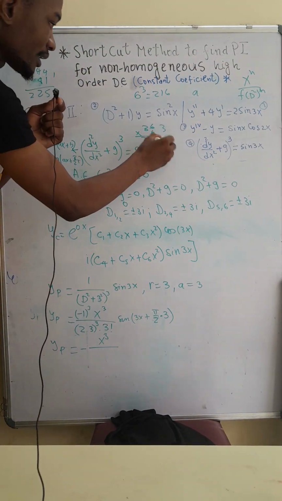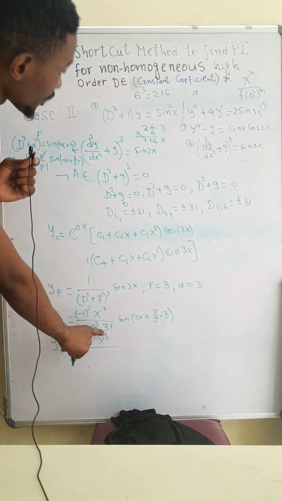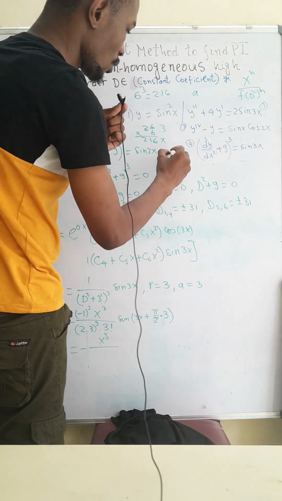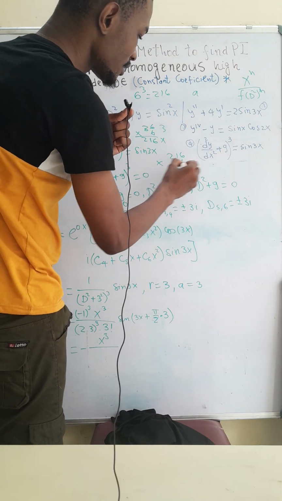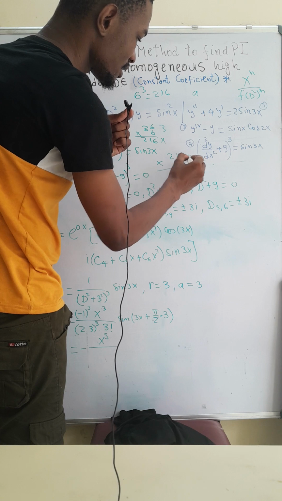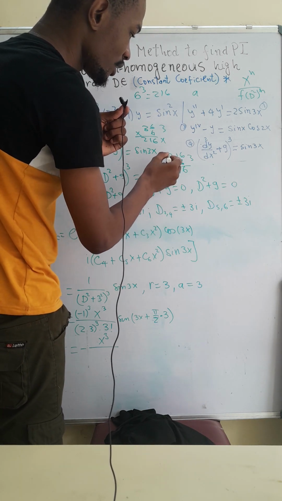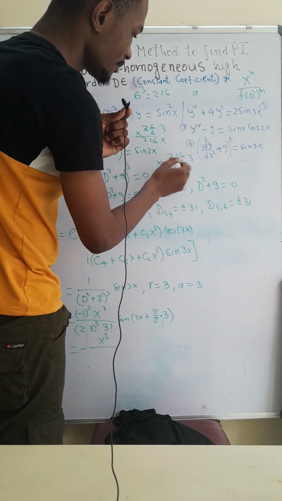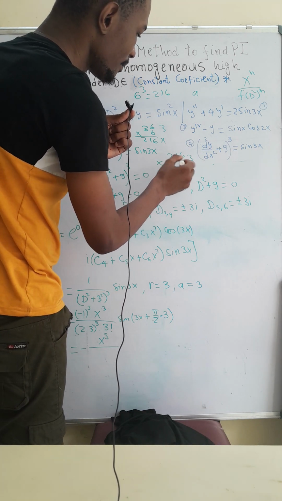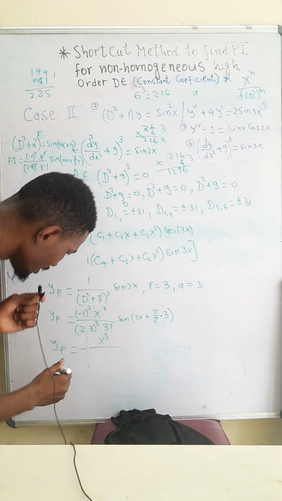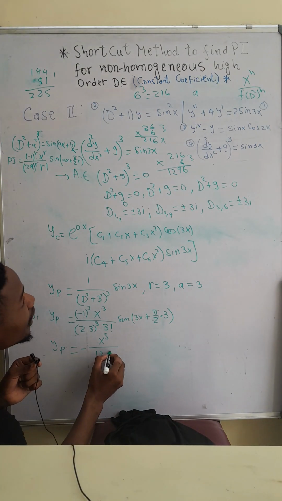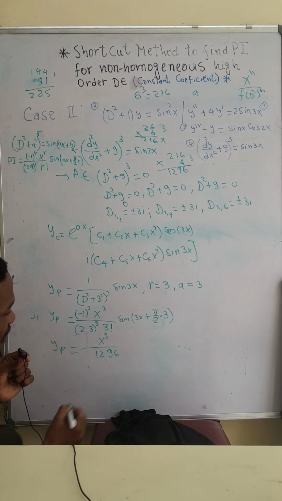Then if you multiply this by 3 factorial, it is 6 again. So 216 times 6 again, this will be 1296.